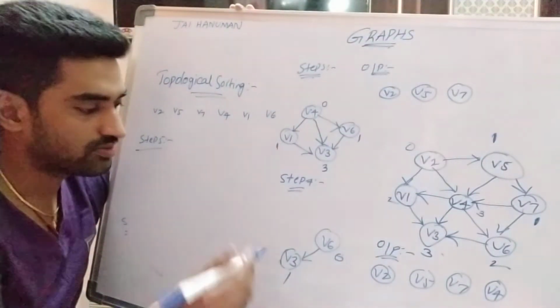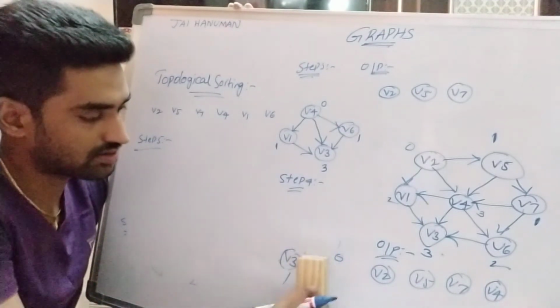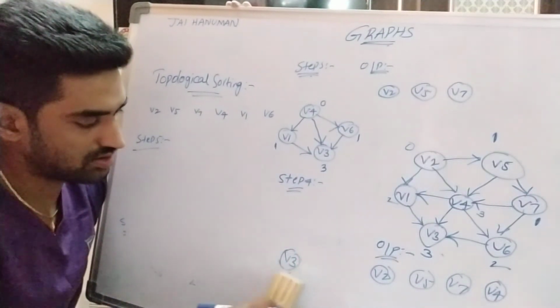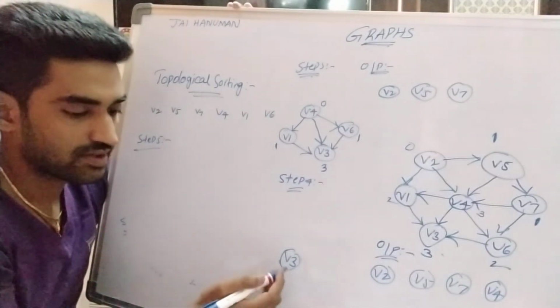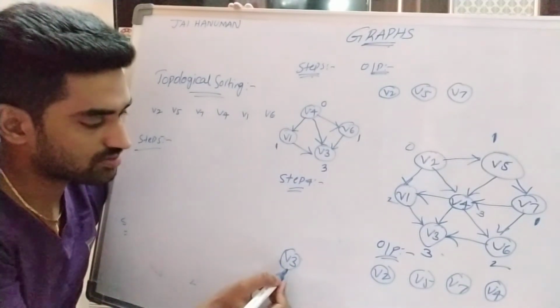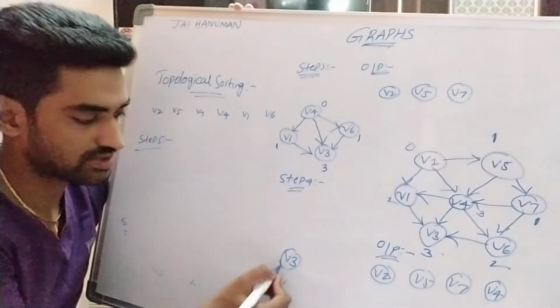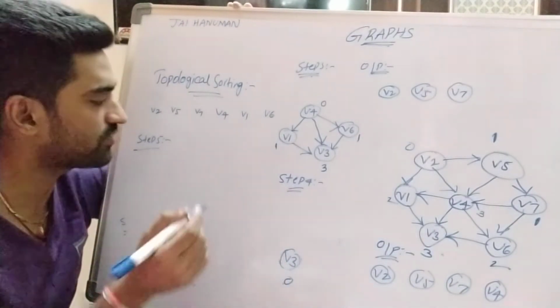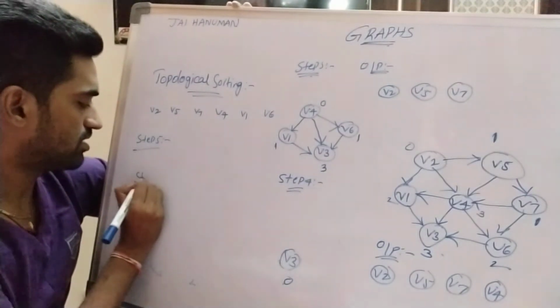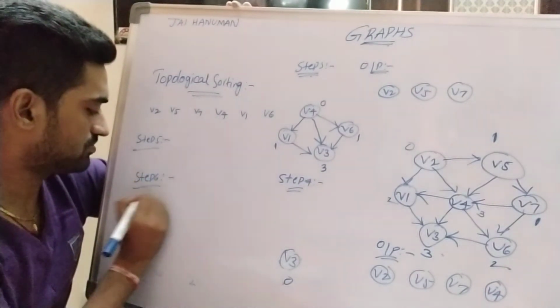So again we are calculating the in degree for this graph, right? So V3 contains only one vertex, so that's why in degree is 0. So here this can be removed from the graph and added to the output, right? Now graph becomes empty.